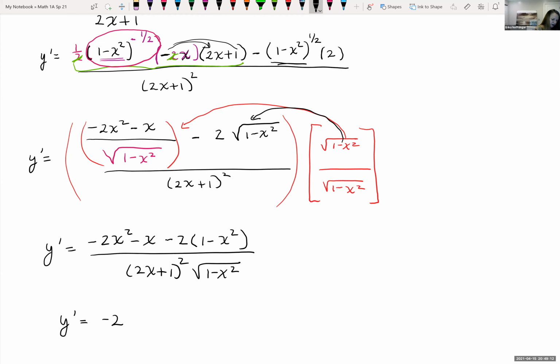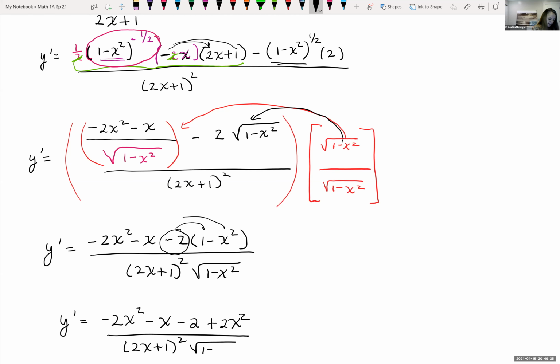So let's distribute our -2 to the parentheses. So bringing down what we have, -2x squared minus x, -2 times +1, so -2, and -2 times -x squared gives us plus 2x squared, all over this 2x plus 1 quantity squared square root of 1 minus x squared.